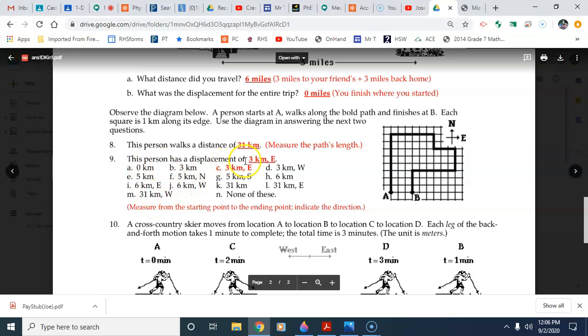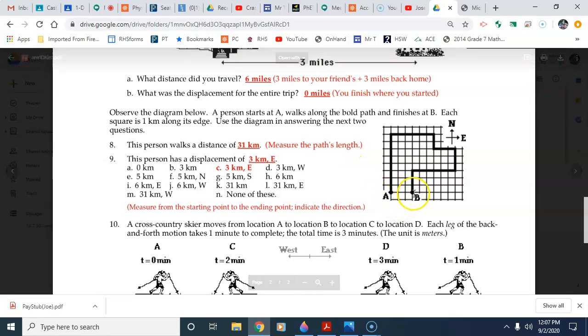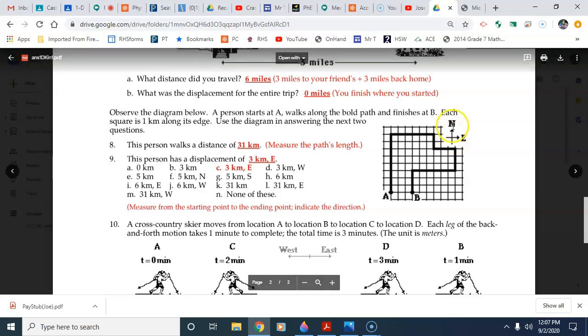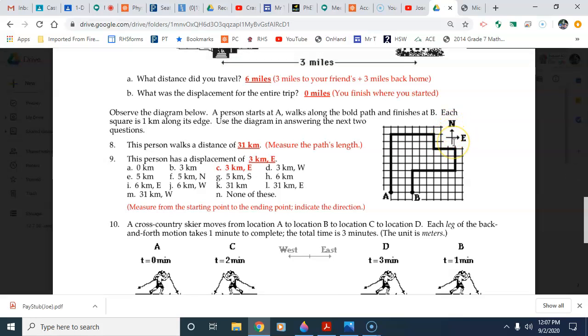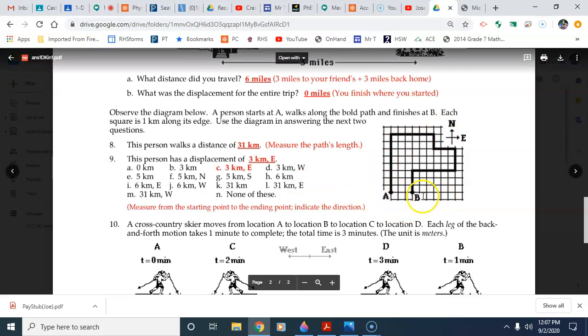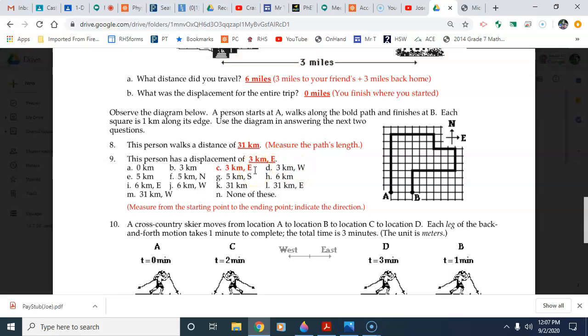This person has a displacement. This one's super easy too, as long as you realize here's where we started, here's where we ended, right? We started 3 spaces to the right. But notice here in the corner, they're telling us to use north, south, east, west, right? By putting that there, they're implying that. So we should actually say 3 kilometers east. And that leaves C as the only logical choice there.